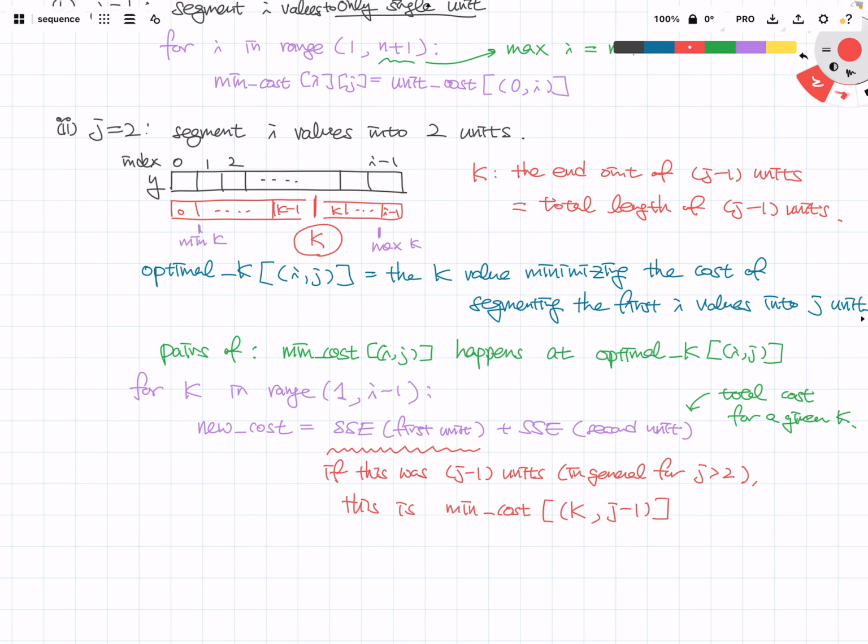So we can replace this plus SSE, the unit cost. We found the unit cost above. We calculated all unit cost from k, the second unit, right? From k to i.